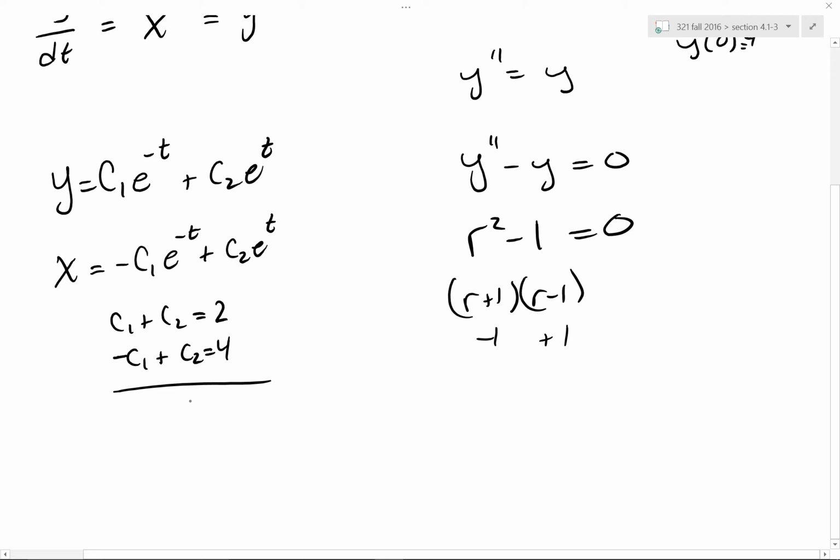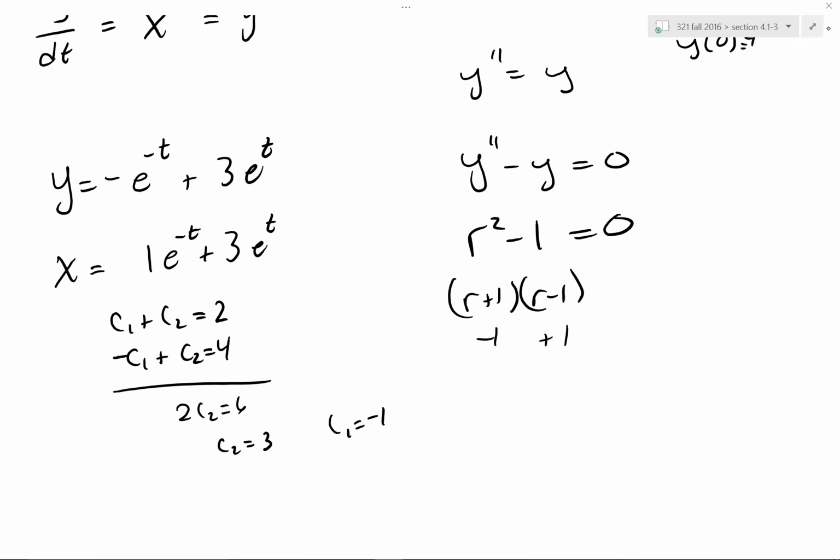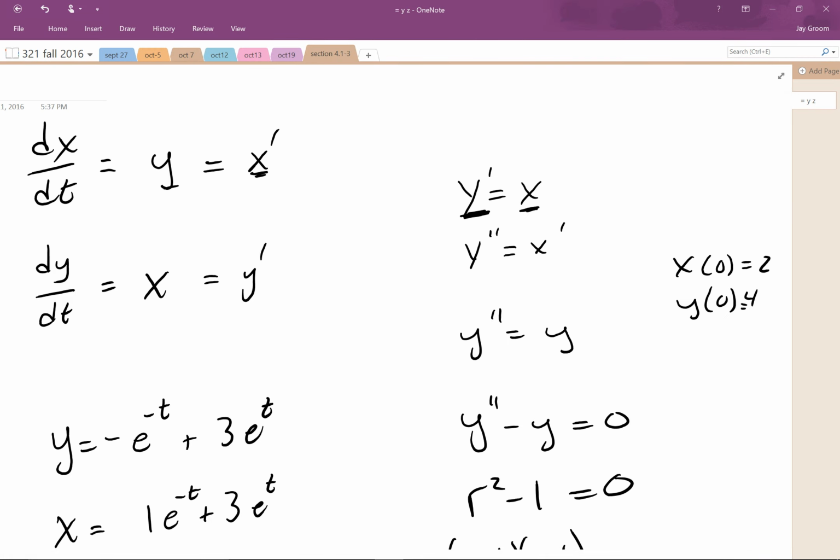I'm going to add, so 2 C2 is 6, so C2 is 3, which means C1 is negative 1, right? So then my equation would be negative 1 times e to the negative t plus 3 e to the t, and this would become positive 1, of course, and that's my answer. Piece of cake. Now, question is, could I do it another way?